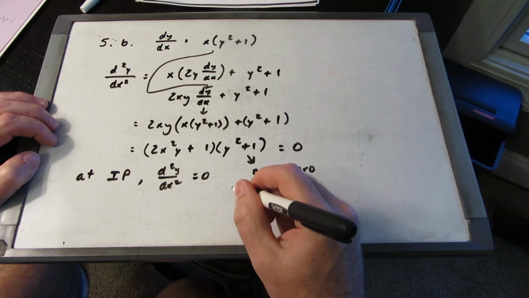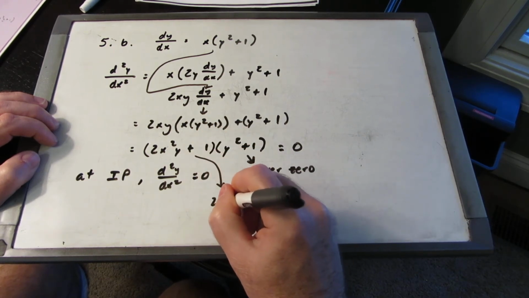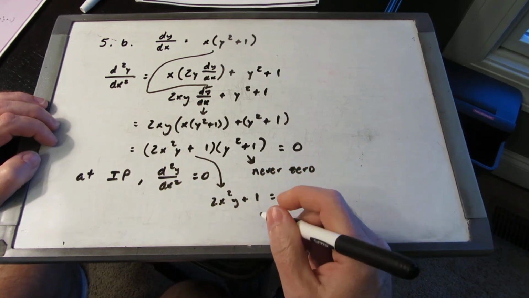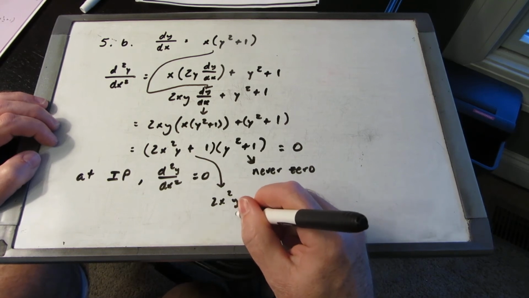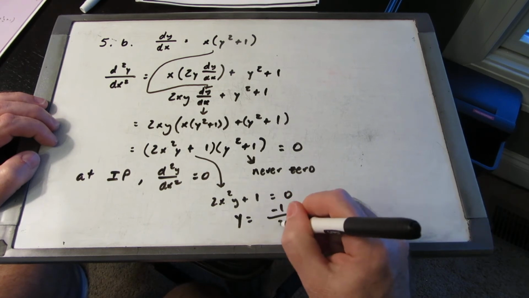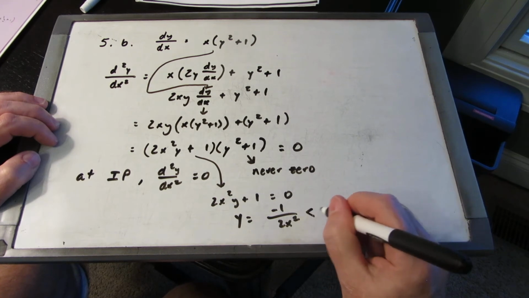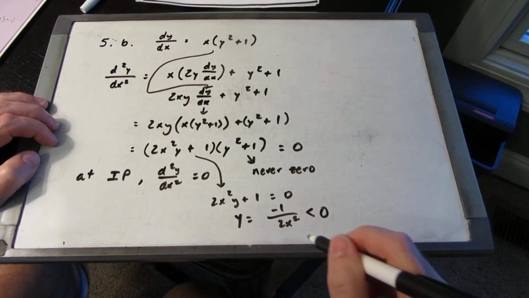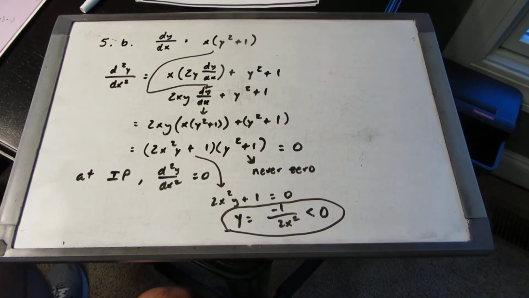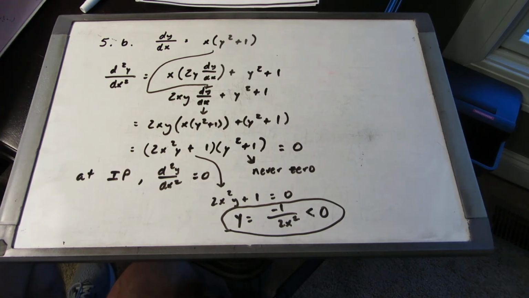So we set the other part, 2x squared y plus 1, equal to 0, and we solve for y. Then y is equal to minus 1 over 2x squared, and the bottom will always be positive, the top is always negative, so that is always less than 0. So that's your explanation of why y is always going to be negative at a point of inflection.